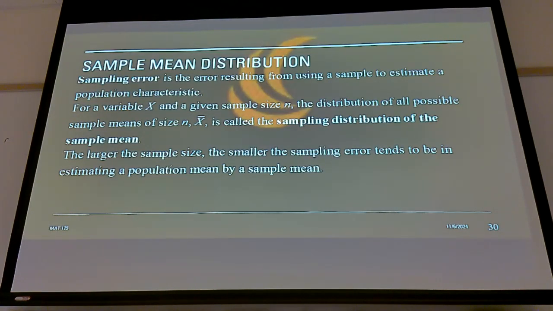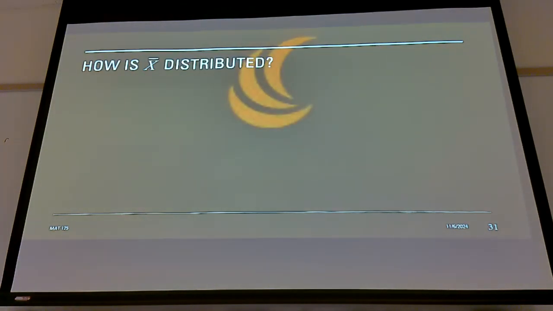So how is it distributed? You have two broad cases. First, if your sample is already normally distributed, then your sample means will be normally distributed as well.